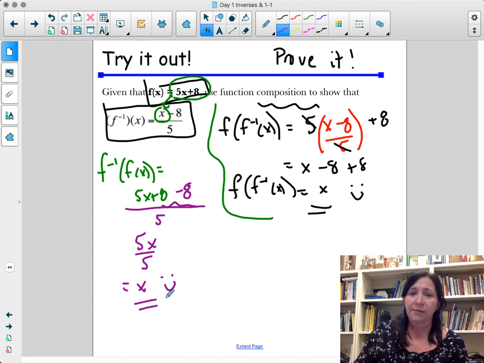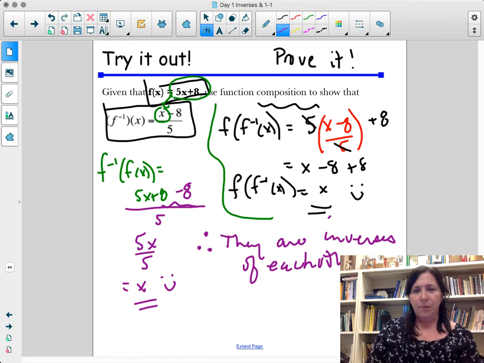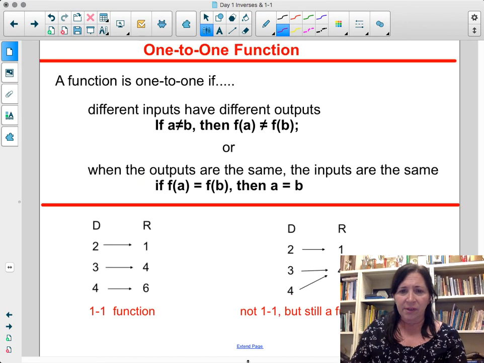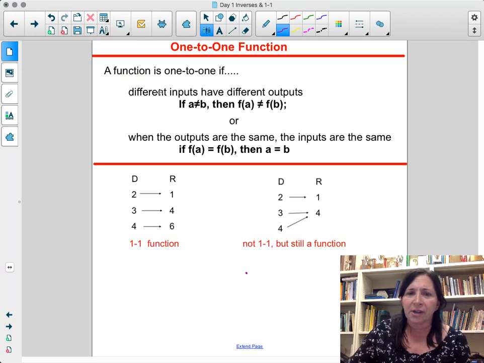And so if you get x here and here, therefore, they are inverses of each other. Okay, cool. So this is just going back to one-to-one equations, one-to-one functions.